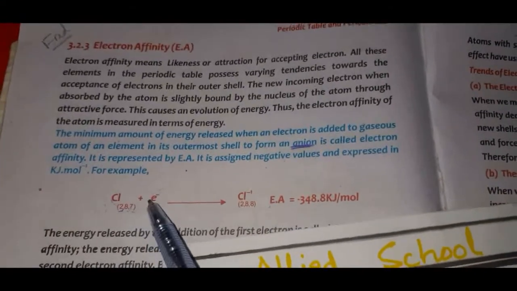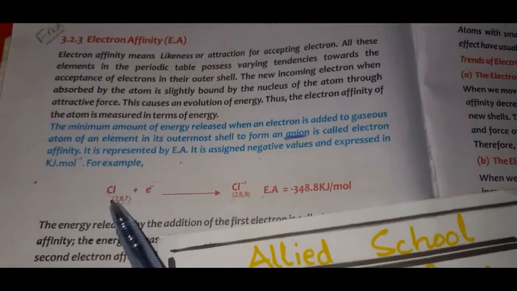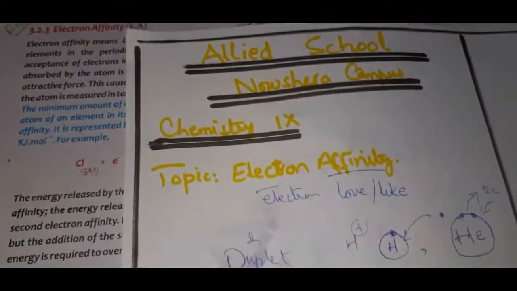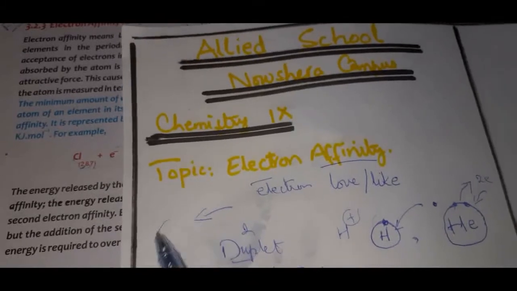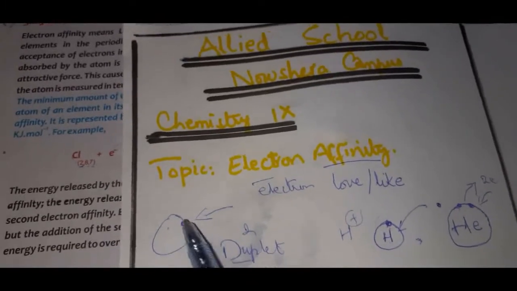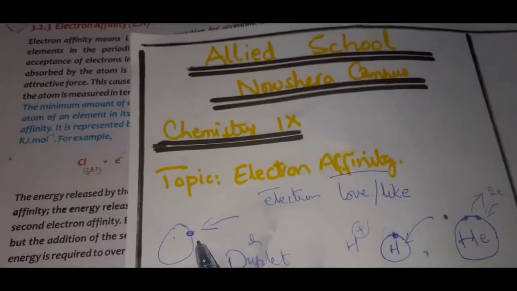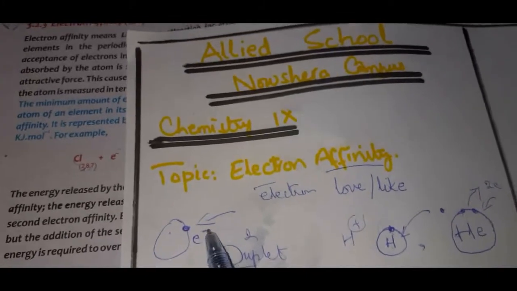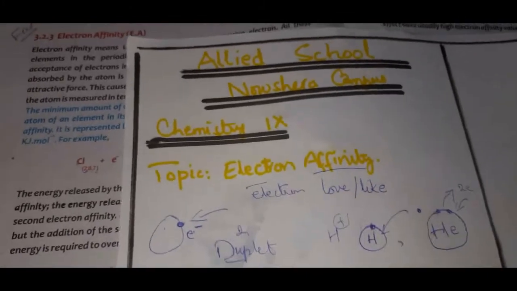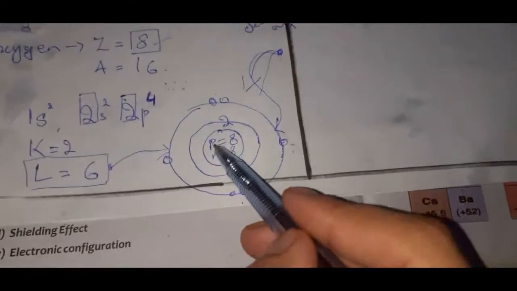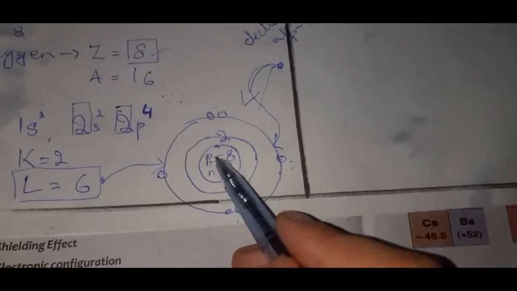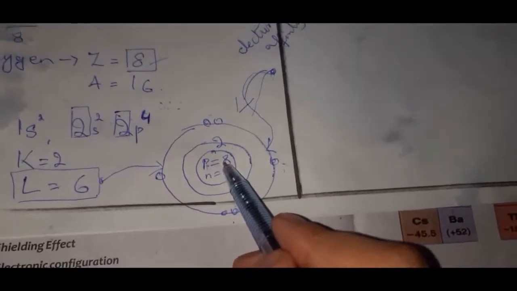Whenever an element gains an electron, what happens? It gets a negative charge. Why? Because, see here, there were a total of 8 protons and 8 electrons. 1, 2, 3, 4, 5, 6, 7, 8, right?